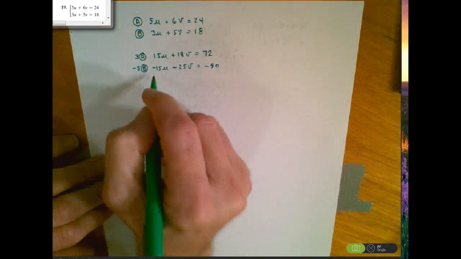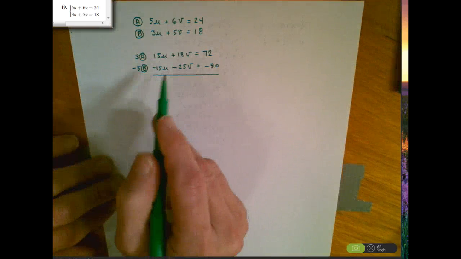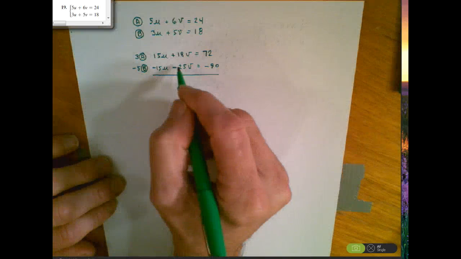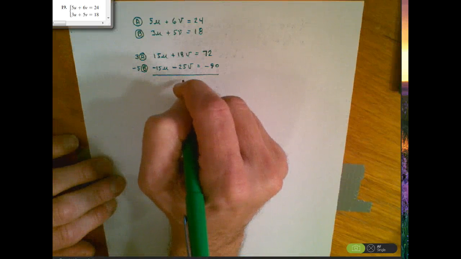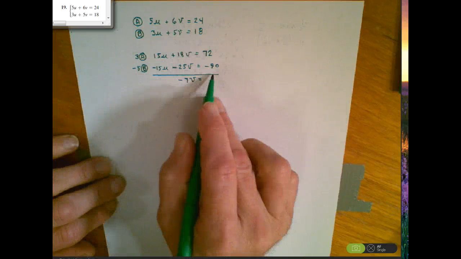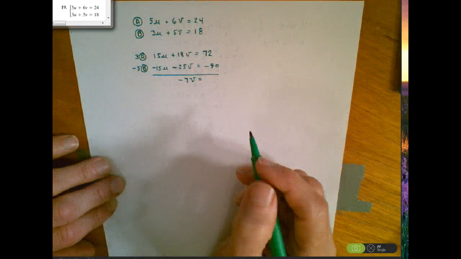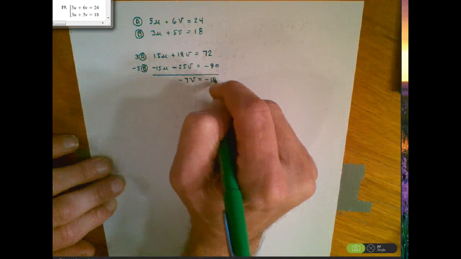So what I'm really doing now is adding these two up. And when I add these two up, I eliminate the variable u. So negative 25 plus 18 is going to give me a negative 7v. And then on the right side, 72 with negative 90 is going to leave me with a negative 18.